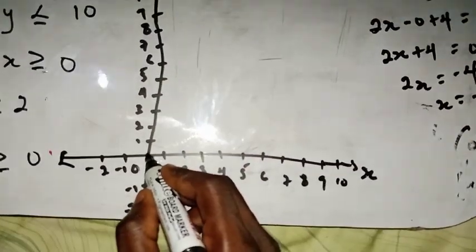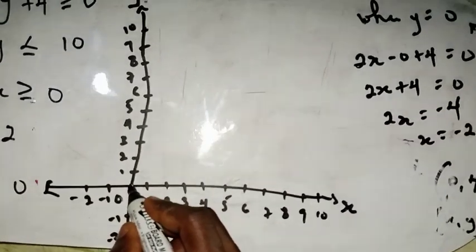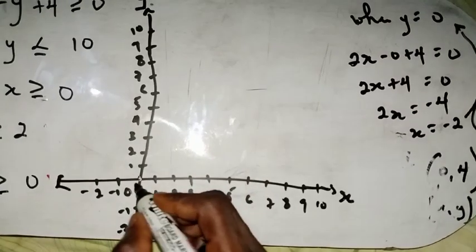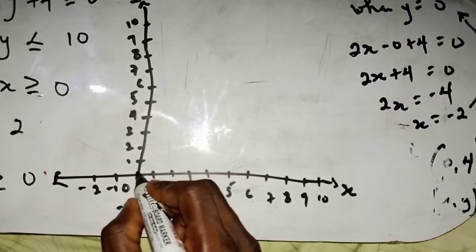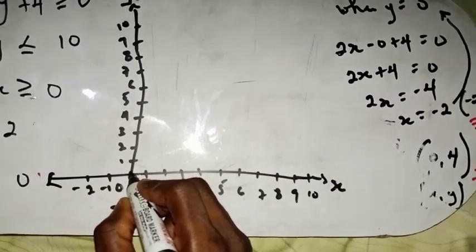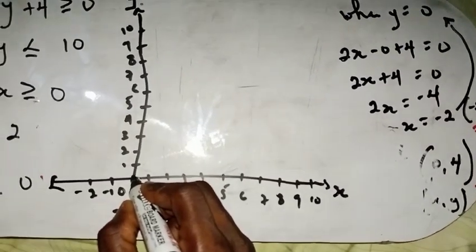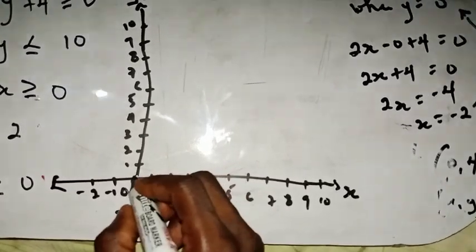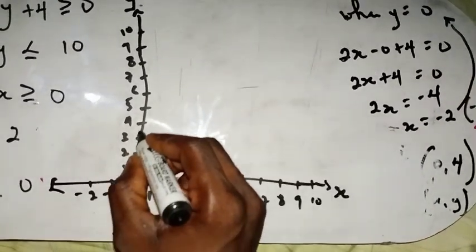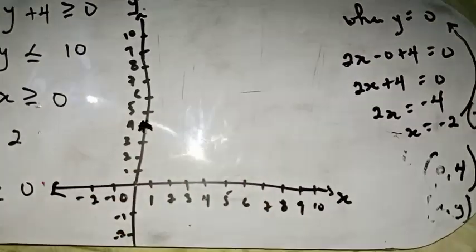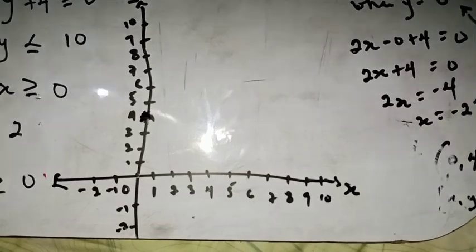Once you stand on the first value, which is the 0, don't deviate by going this way or that way. You go straight to the next value, that is 4. You go up, or you go down if it is negative. In our case it's positive, so we are going straight up. So locate our 4 here. This is our first point. Is that okay? So that's the first point.